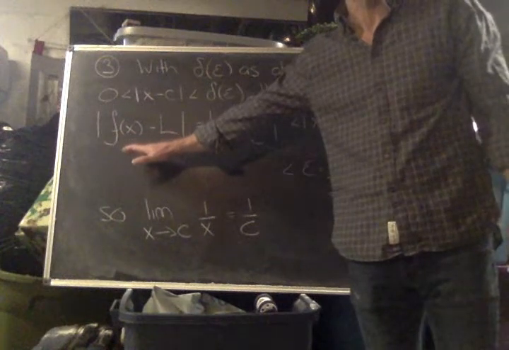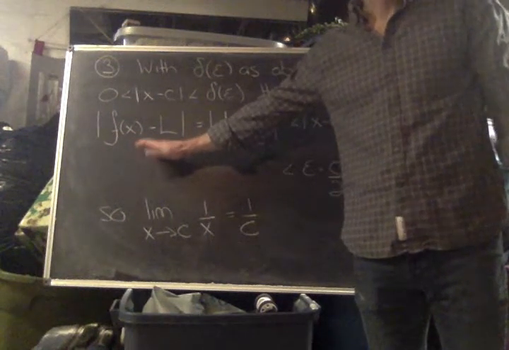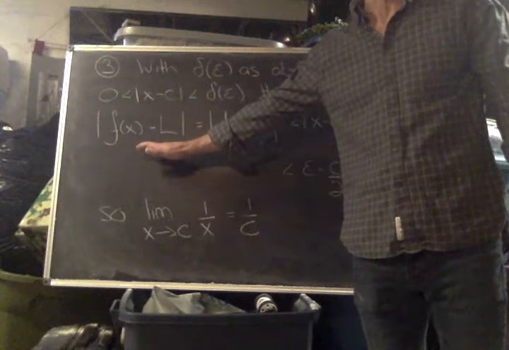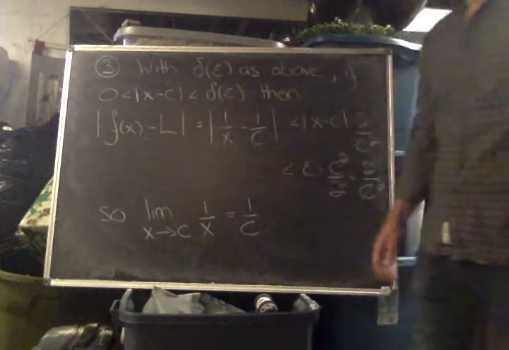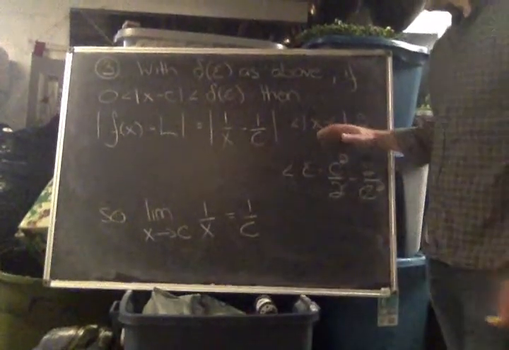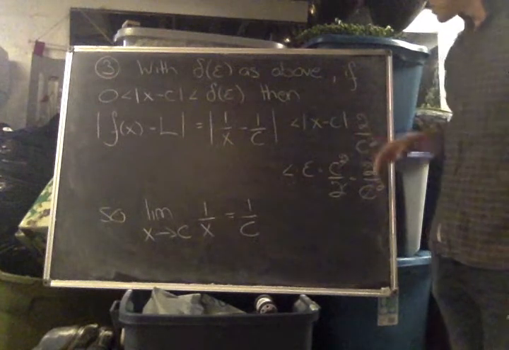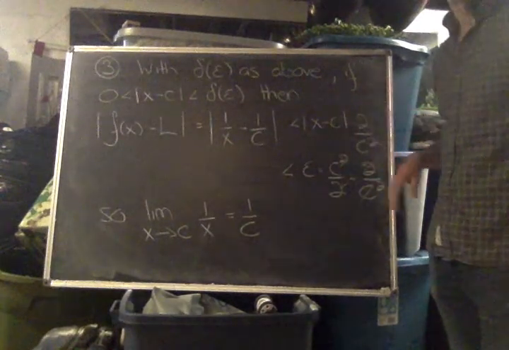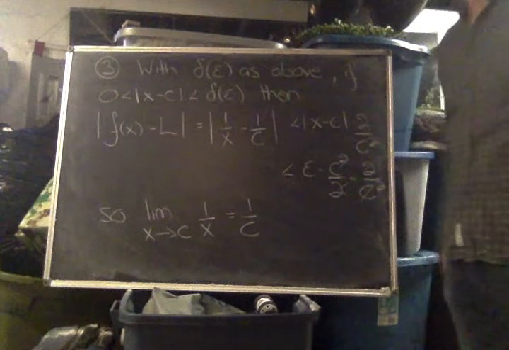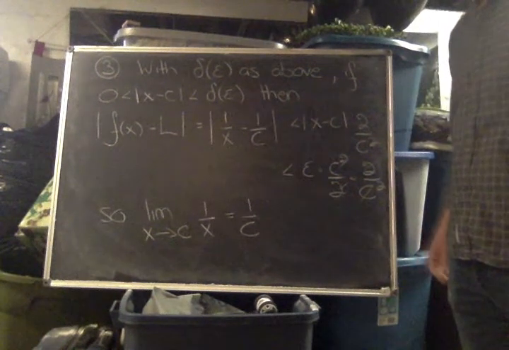So you're going to substitute whatever your function is and whatever your limit L is, and you're going to wind up with some sort of algebraic mess, out of which you hope to get the thing you can control, here, right, times some other mess which you hope to make constant. And to make it constant, often you have to take an initial stab at delta.